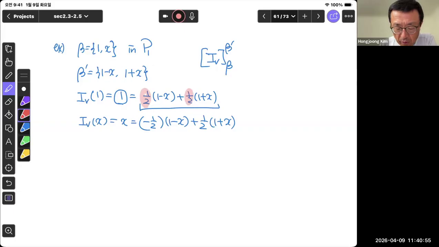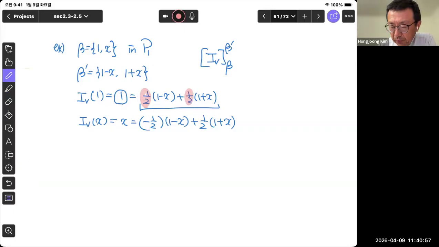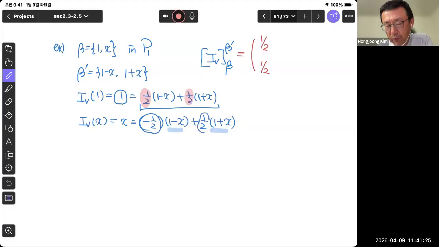So the matrix has 1 half and 1 half in the first column. Then we consider the image of x. The image of x is x, but when I express this x as a linear combination of the vectors in beta prime, the coefficients are negative 1 half and 1 half.